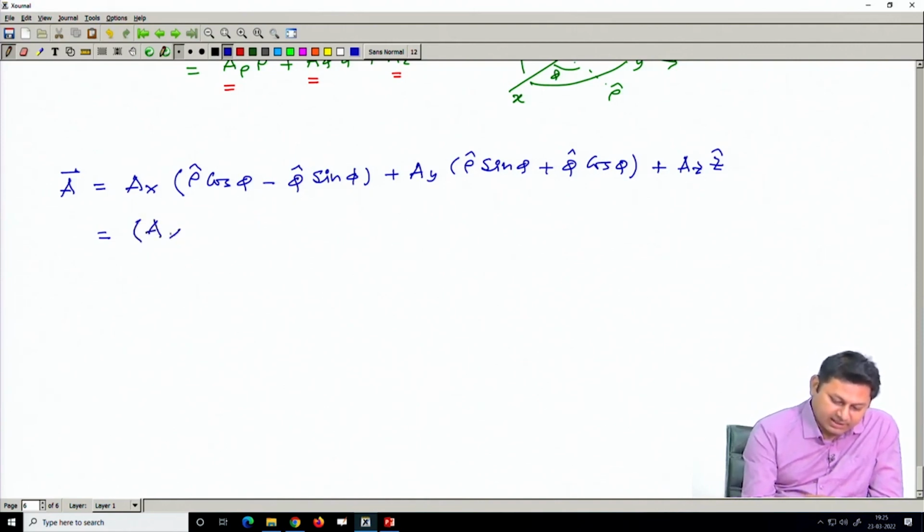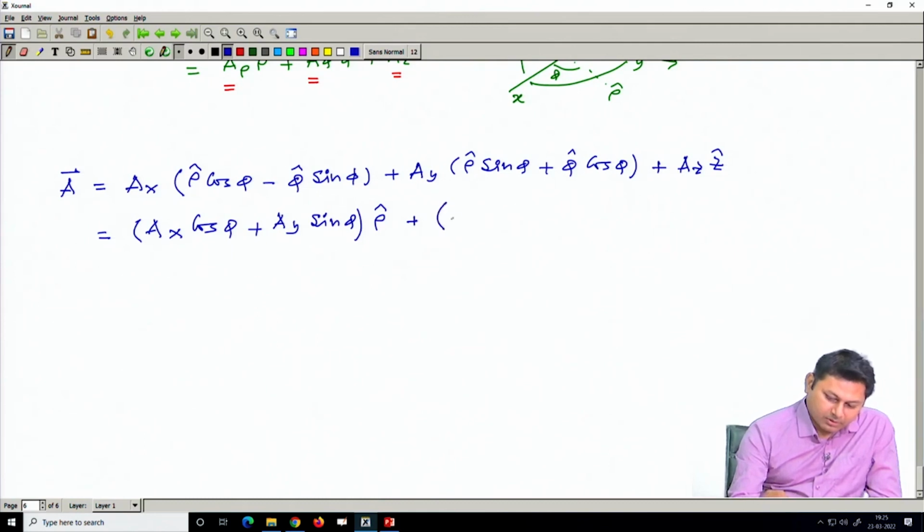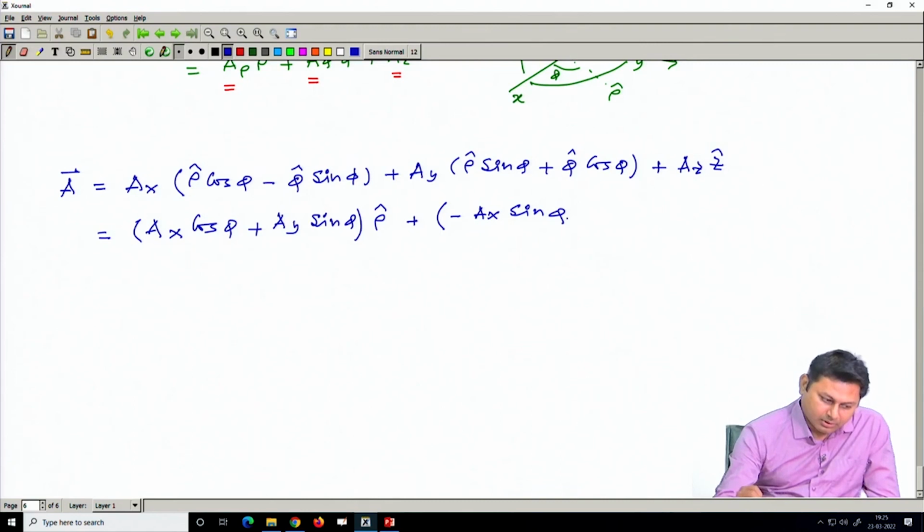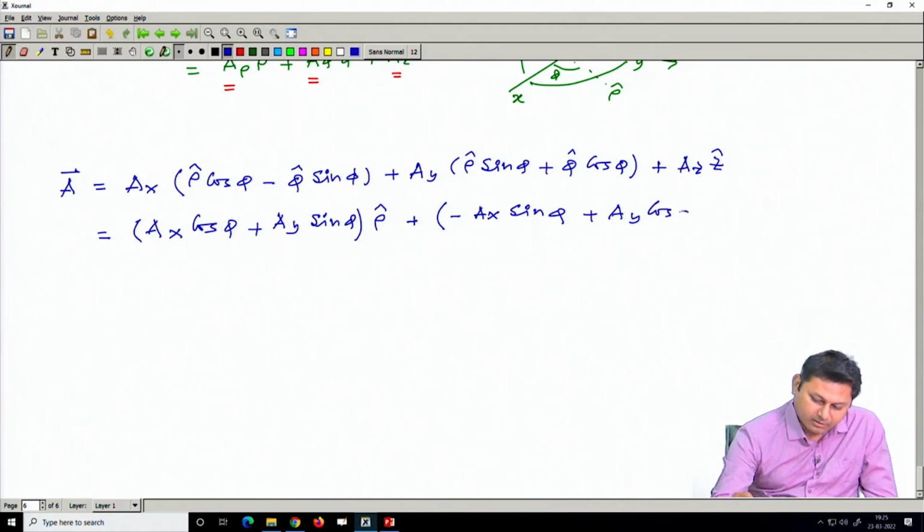I rearrange it: A x cos phi plus A y sin phi, that is with the rho unit vector, plus minus A x sin phi plus A y cos phi, that is with the phi unit vector, and A z is simply A z with the z unit vector.